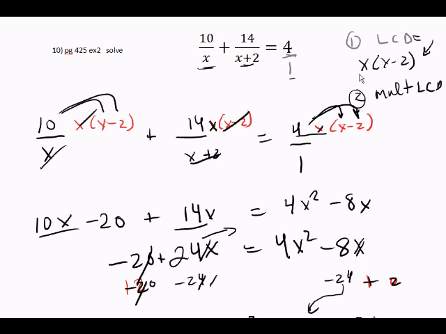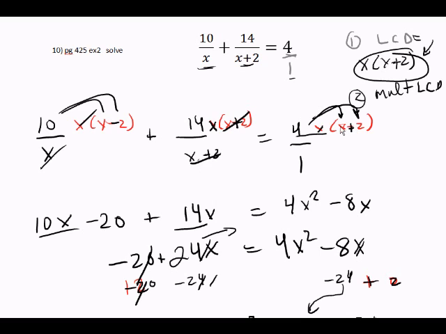I'm looking at what we did, and we ended up with 10x plus, see, that should be a plus 20. Oh, the LCD, you see what happens is, when I put a plus, half of it goes away, so I think I had a minus. These should all be pluses.